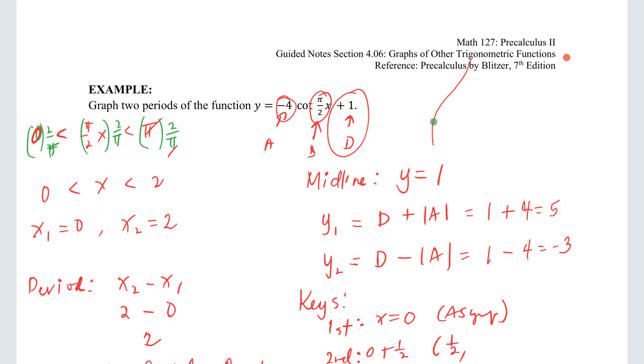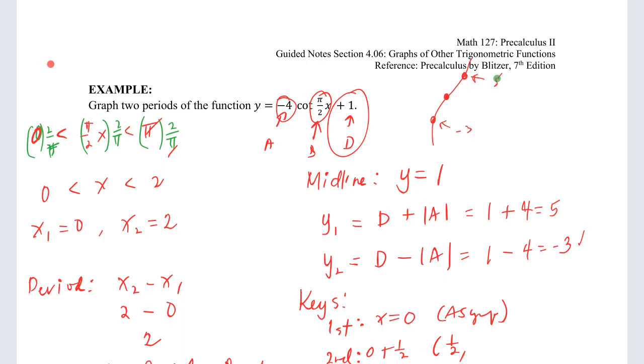So we are going to start from this key point, then go to the midline, and then the third quarter point within those two consecutive asymptotes. Remember, in terms of the y value, this is negative 3, and this is 5.